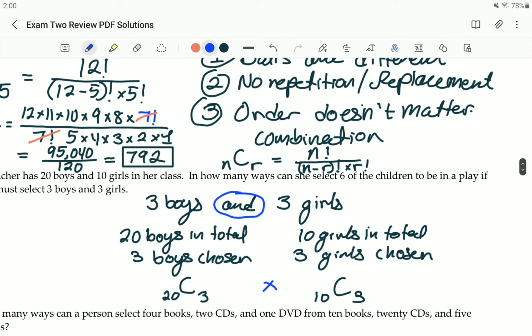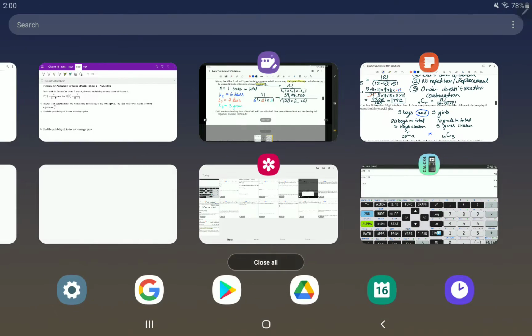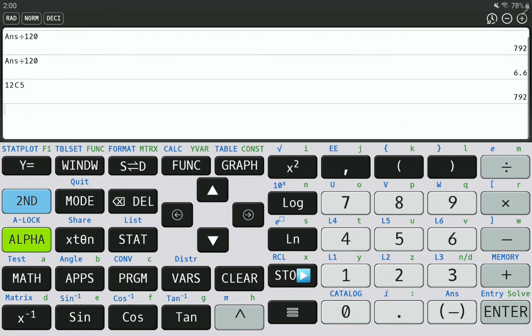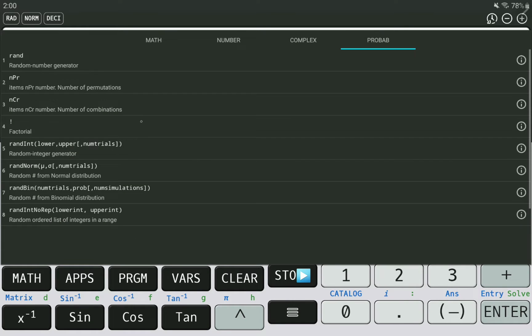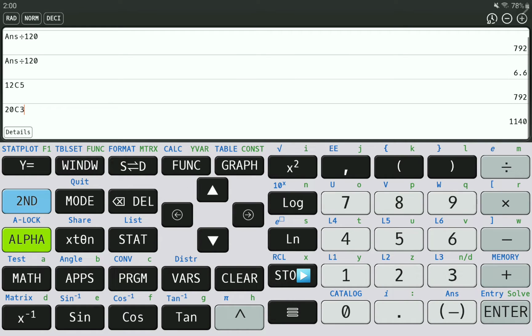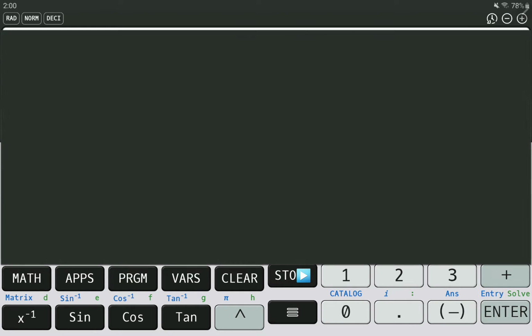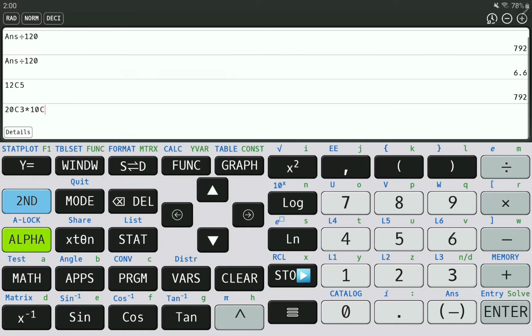So let's do that in a calculator. We're going to take the combination of 20 choose 3, order doesn't matter, and multiply that with the combination of 10 choose 3. And there is our answer. 1,368,000.